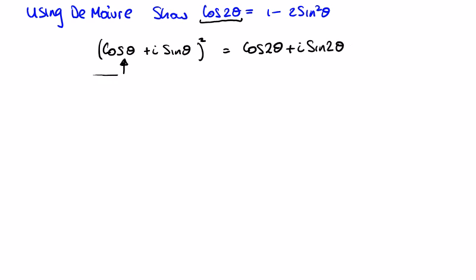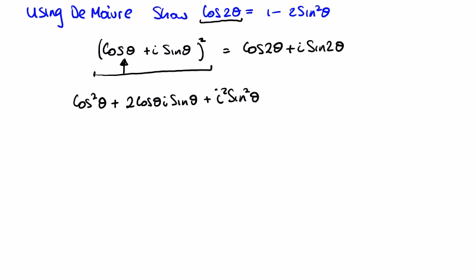Now what we need to do is multiply this bracket out. It's going to give me cos squared theta plus twice cos theta by i sine theta plus i squared sine squared theta. So this becomes a minus 1.